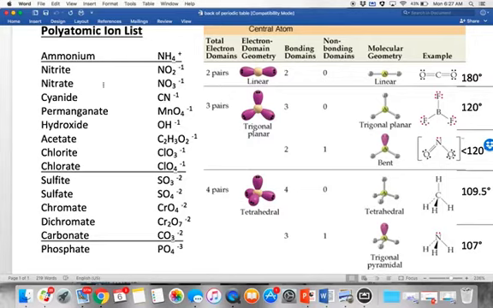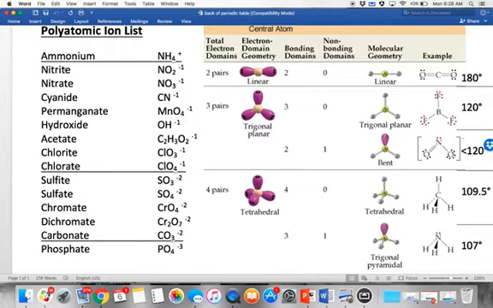So, for example, the first one, ammonium, it's NH4. That's what atoms are. I got 1 atom of nitrogen and 4 atoms of hydrogen. Now, the other thing is to the right of that is their charge. Notice they're all charged. All of your polyatomic ions are negatively charged except for this first, ammonium. Okay?